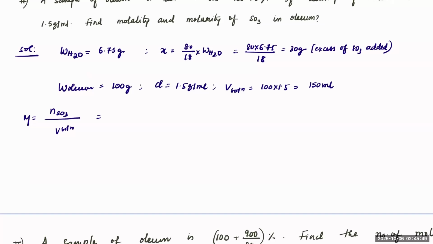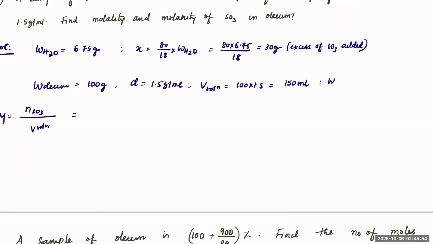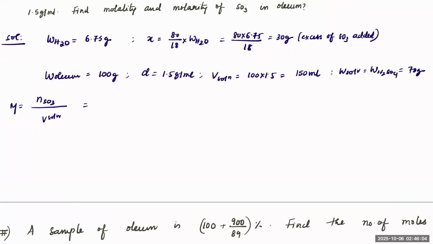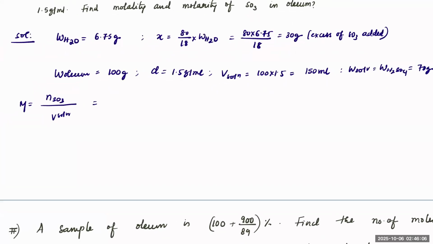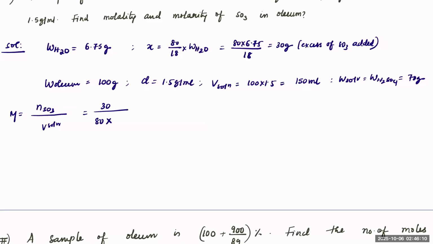Solvent weight I'll also write down. The weight of the solvent, which is equal to the weight of H2SO4, is 70 grams. So the number of moles of SO3 will be equal to 30 divided by molar mass 80. This will be the number of moles of SO3, and that divided by volume. Volume is given as 150 ml. So 150 into 100.